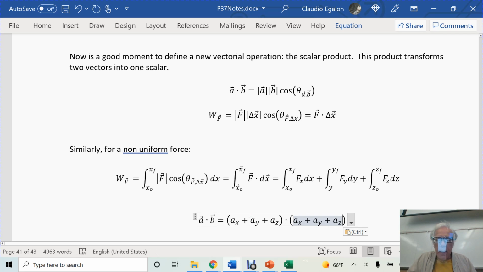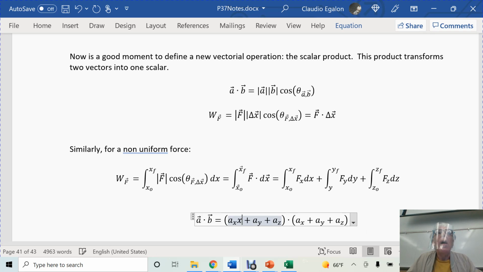There's one more thing that needs to be done. What's missing from this equation that I didn't put there? The x hat, right? Let's put the x hat here.